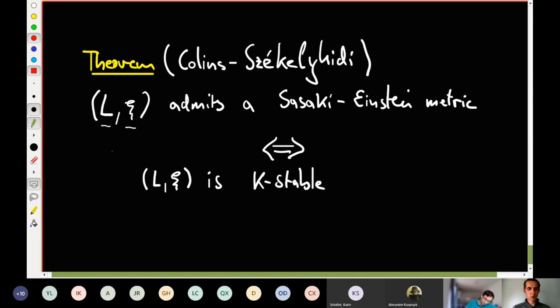But morally, what holds here is once more that, remember, a Sasaki-Einstein metric in particular meant that we have constant curvature. And what I tried to convince you is that k-stability essentially means volume minimization.